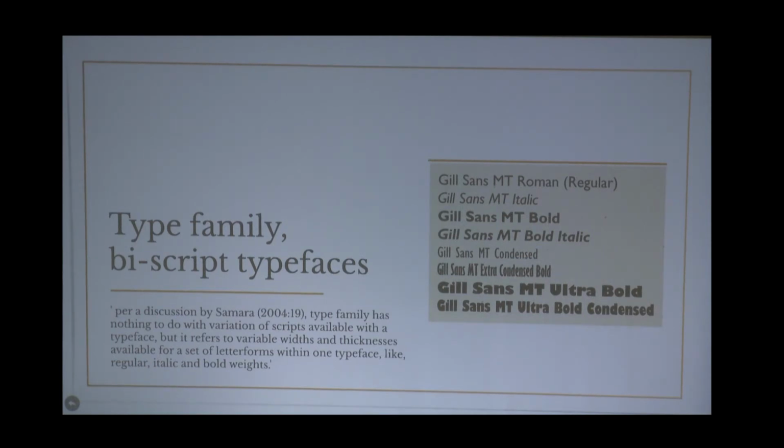So, for example, Gearsons is a type family because it's available in regular, bold, extra bold, light. It has nothing to do with the different scripts available within one typeface. So that's why, instead of type family, in order to describe a typeface which is available in two different scripts, I use bi-script typefaces.